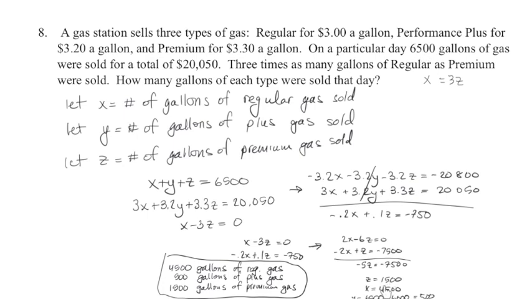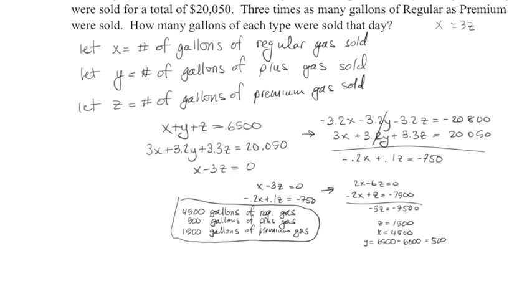So you add these together to get 6,000. If you subtract 6,000 from 6,500, that's where the 500 came from. So 500 gallons of performance plus, 4,500 gallons of regular, and 1,500 gallons of premium.